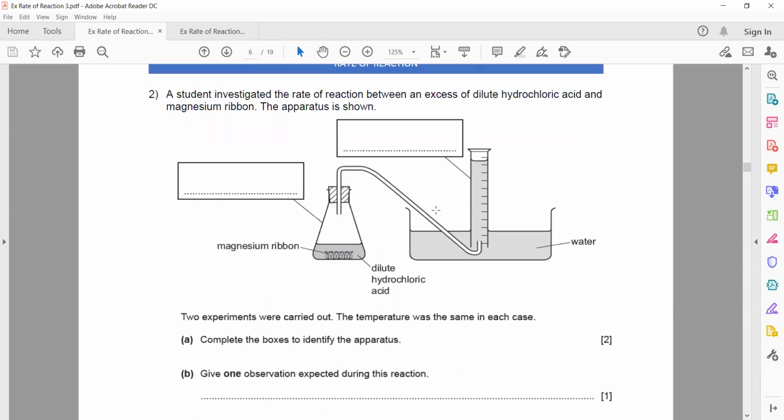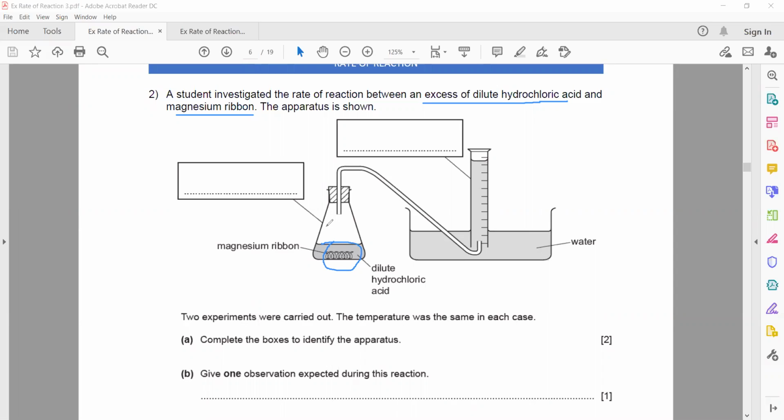Then another experiment: a student investigates the rate of reaction between excess hydrochloric acid and a magnesium ribbon. He is using a magnesium ribbon and hydrochloric acid. Two experiments were carried out, and the temperature was the same in each experiment. Complete the boxes.